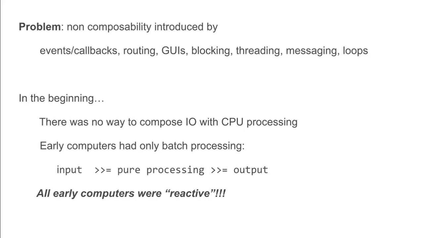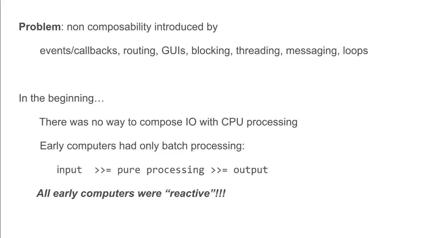So early computers had only batch processing, and batch processing is pure processing. The input is all gathered at the beginning, there is pure processing with this input, and the output was the result of the computation, normally on a printer or a tape.